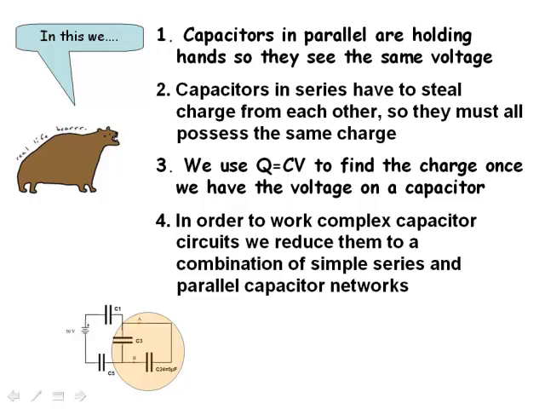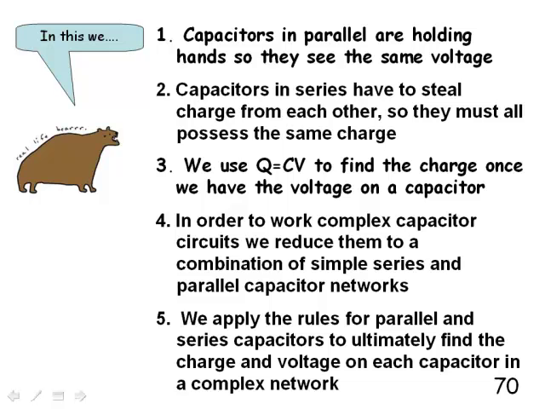In order to work complex capacitor circuits, we reduce them to a combination of simple series and simple parallel capacitor networks. And we have to apply the rules for parallel and series capacitors to go backwards and ultimately find the charge and voltage on each capacitor in a complex network.